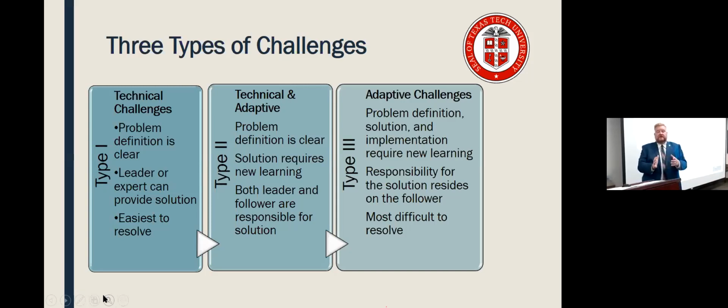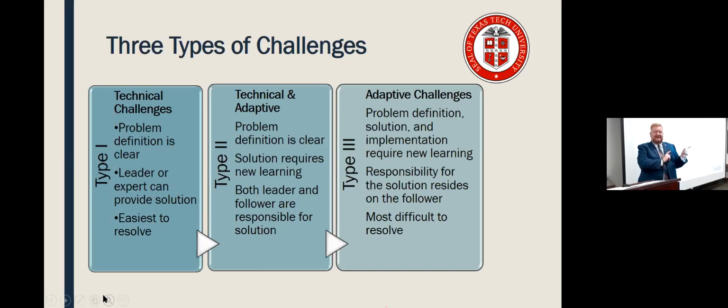Last, it's the most difficult to resolve because it takes the most people and the most energy in order to come up with a creative solution for that challenge. I call this a they challenge. So again, technical is I can fix.